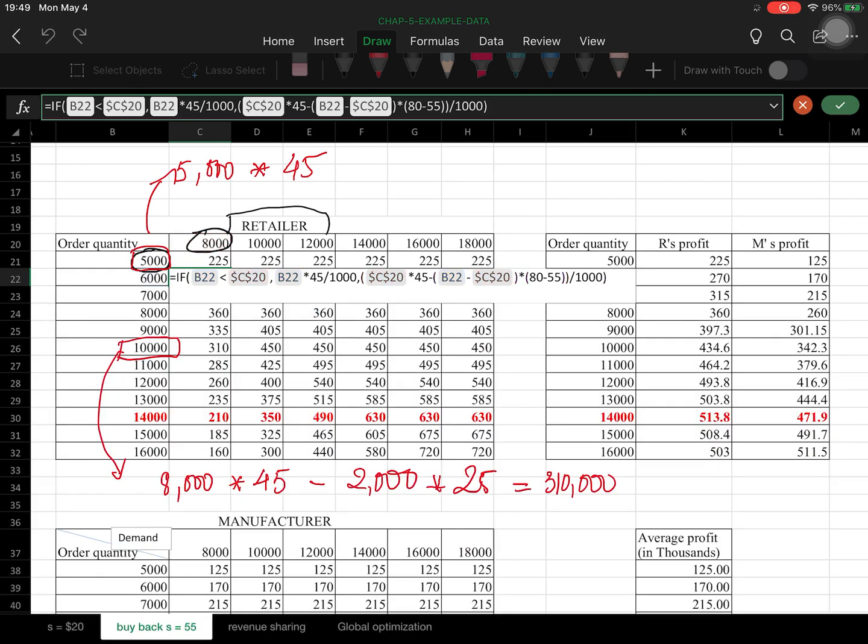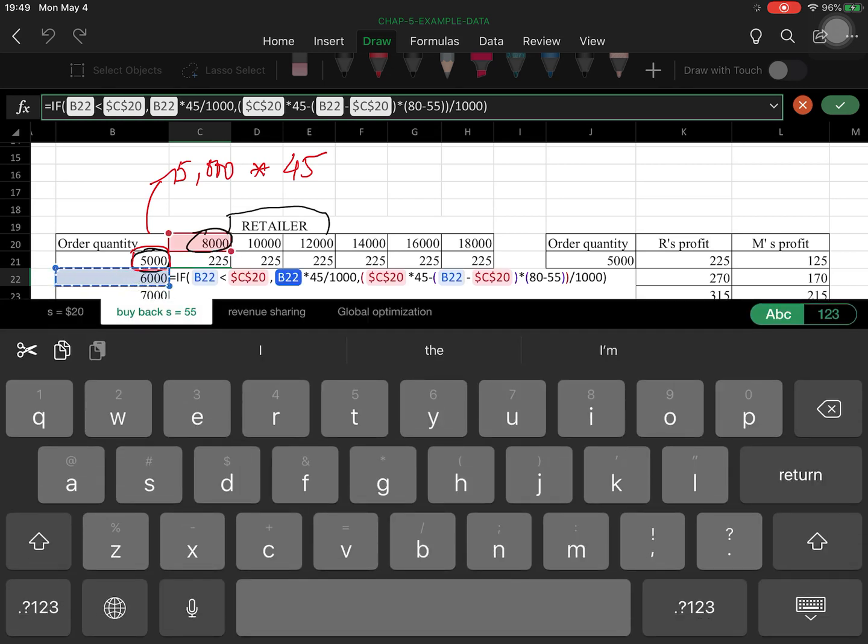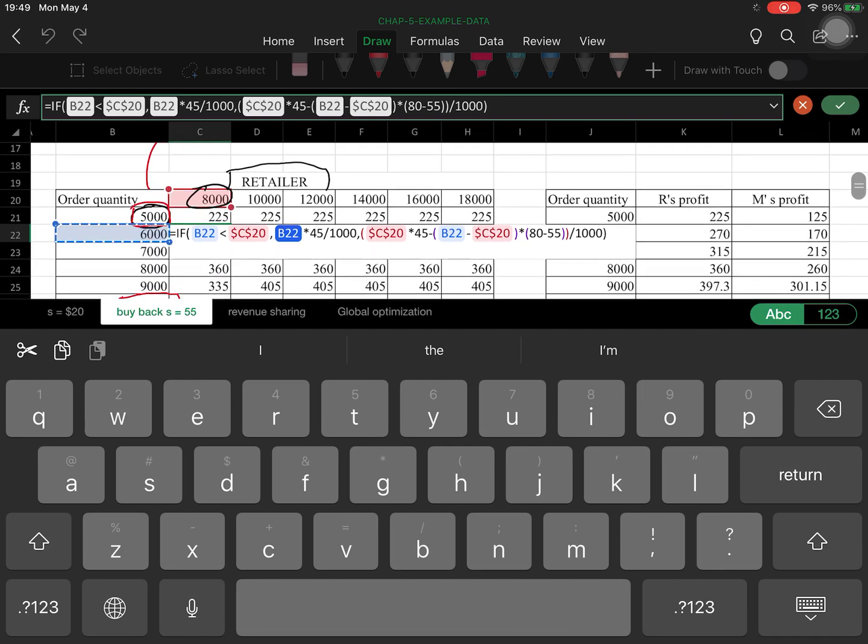So also I use if the order quantity is less than the real demand, the profit the retailer gains is equal to the order quantity multiplied by the marginal profit divided by 1,000. You can divide by 1,000, or you don't need to, because I just want to reduce the digits.